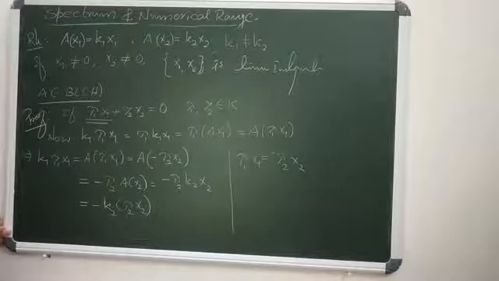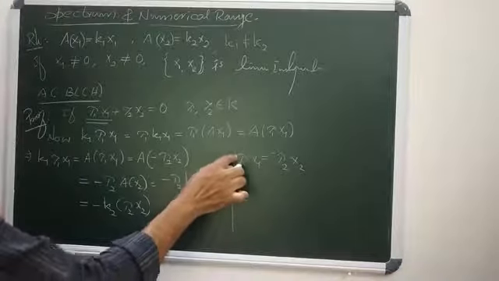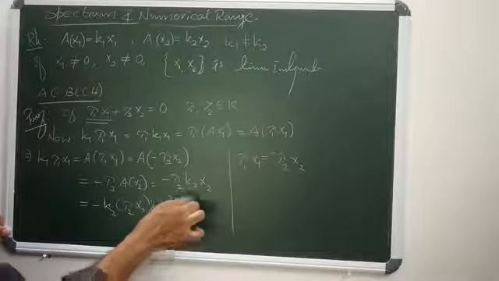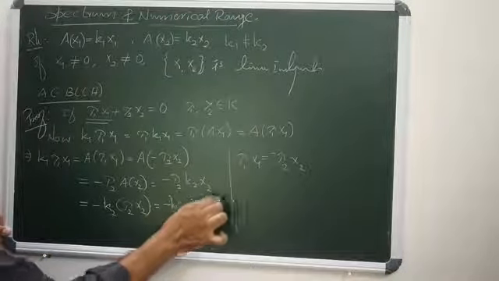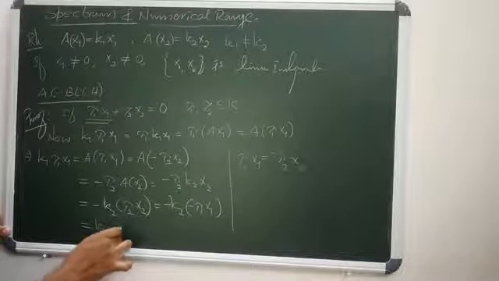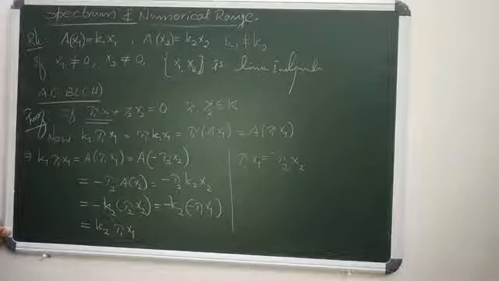But what is lambda 2 x2? It is minus lambda 1 x1. So it equals minus k2 into minus lambda 1 x1, that equals k2 lambda 1 x1.